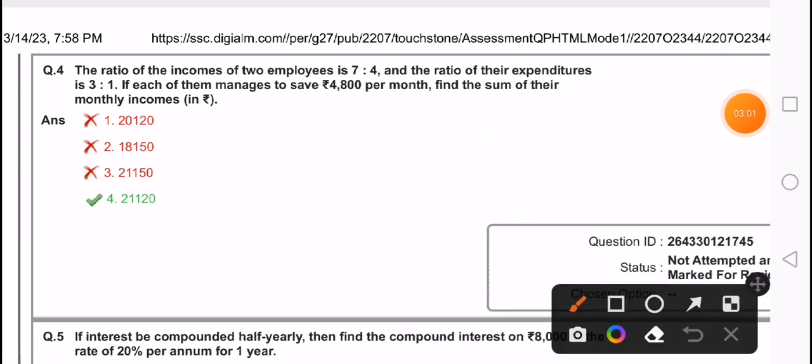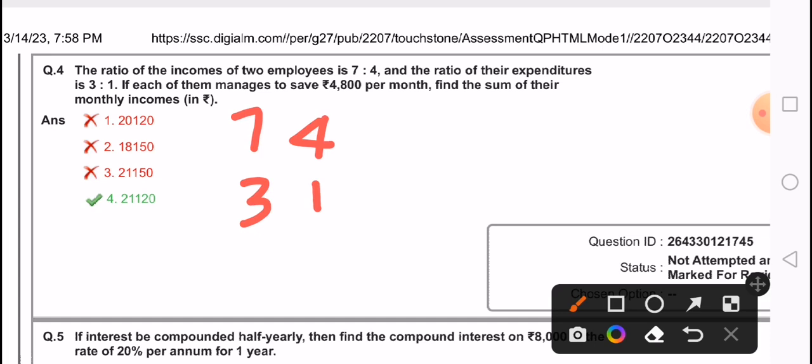Okay, next one, it is a beautiful question. The ratio of income is given as 7:4, and the ratio of expenditures is given as 3:1. And it is told that both of their savings are the same.